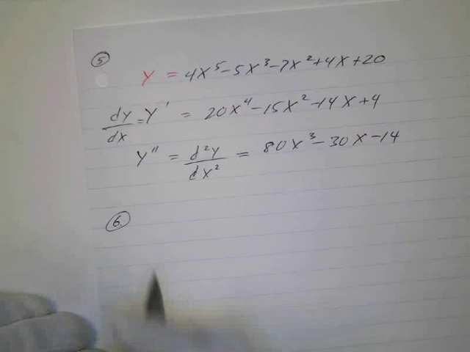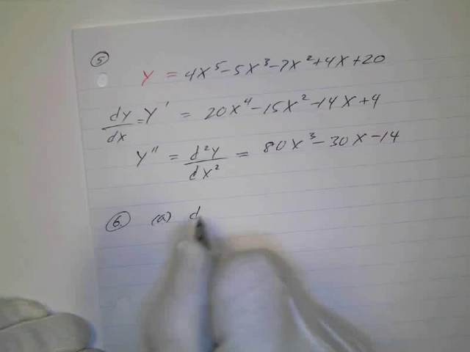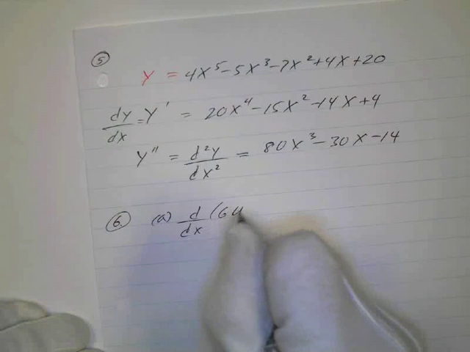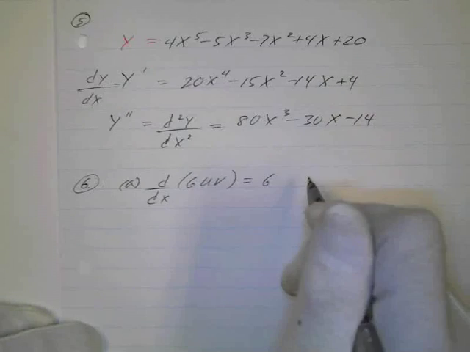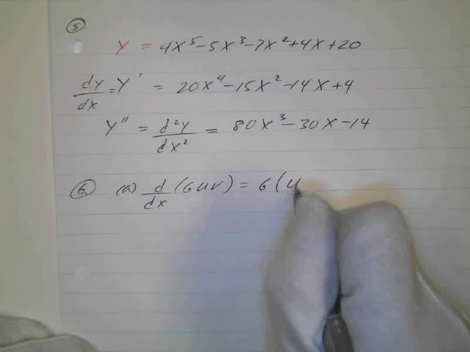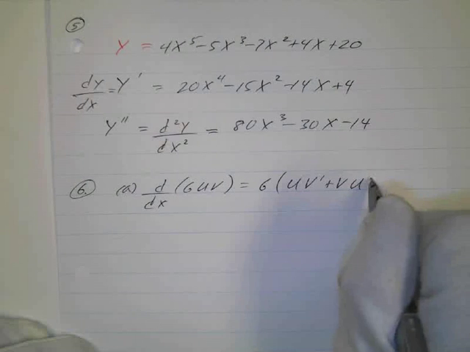The first thing, 6a, we want to find the derivative with respect to x of 6 times uv. So that's going to be 6 times, and then we're just going to use the product rule: first times the derivative of the second, plus the second times the derivative of the first.